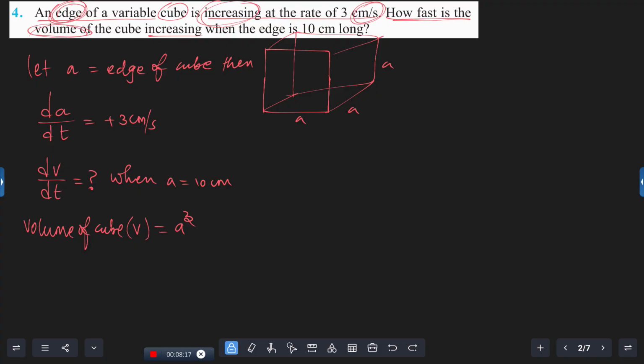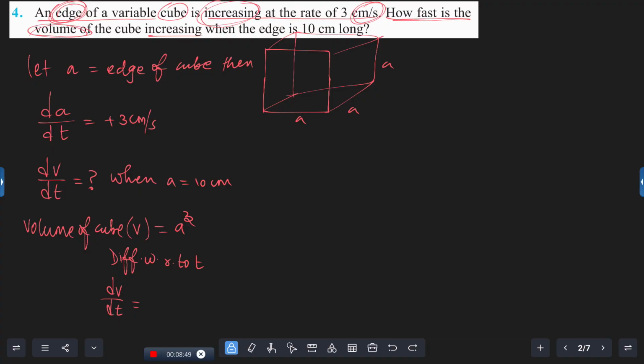Now differentiate on both sides with respect to t. V differentiated with respect to t gives dV divided by dt. Next, a cube when I differentiate: what is the derivative of a cube? 3a square.